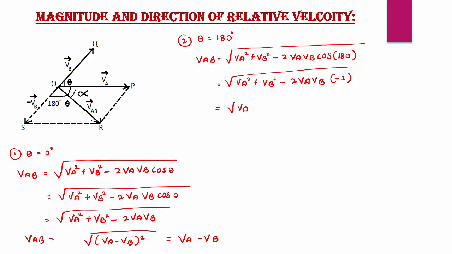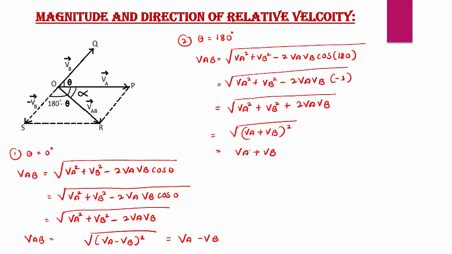So the equation becomes VA square plus VB square, minus into minus will be plus 2 VA VB. Now this is of the form A plus B whole square: A square plus B square plus 2AB. So we can write (VA plus VB) whole square, and the square root will get cancelled. So this is for the second case.